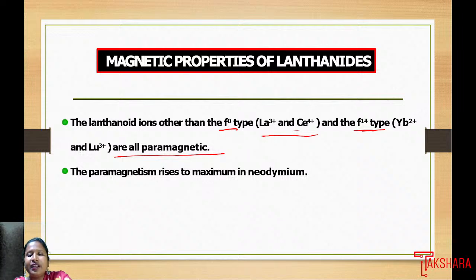So the lanthanides of the type f0 or f14, completely filled or with no electrons in the f orbital, behave differently from the others.